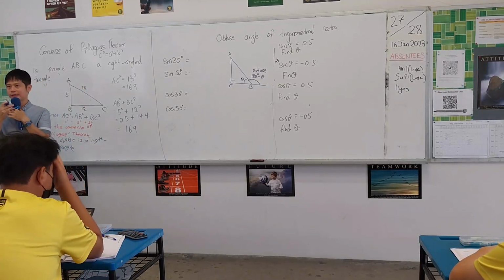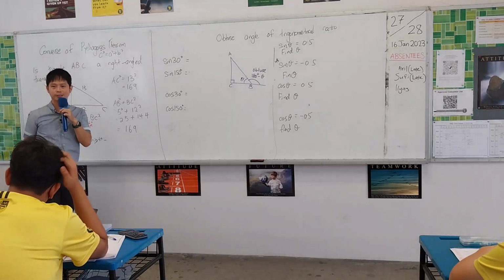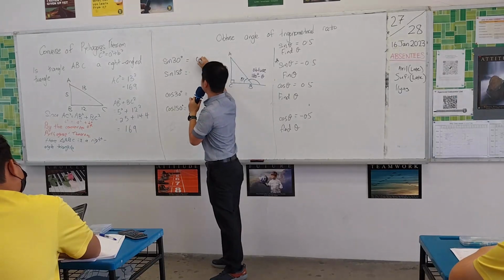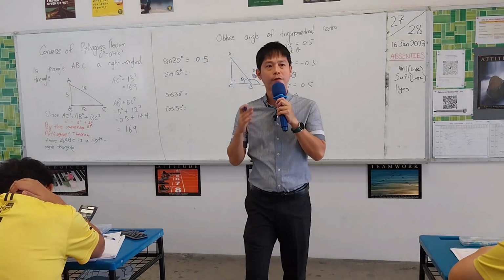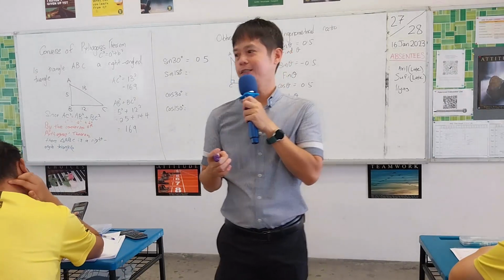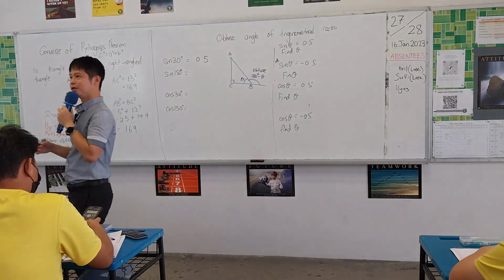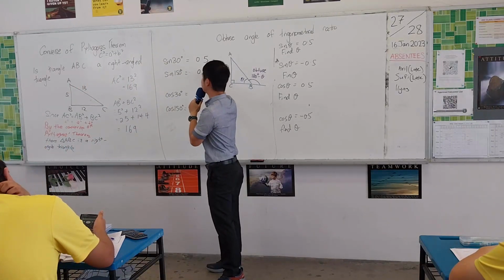Okay, so let's start. Sine 30. Hey guys, what do we get for sine 30? 0.5. So sine 30 is 0.5. Now, if you press sine 150, what do we get? 0.5. We get 0.5 again.